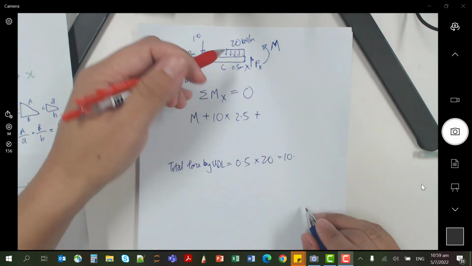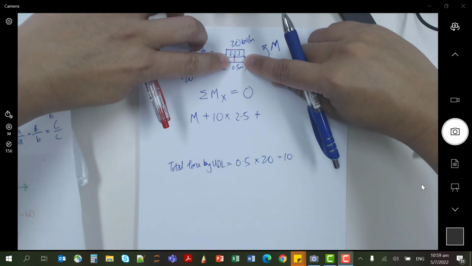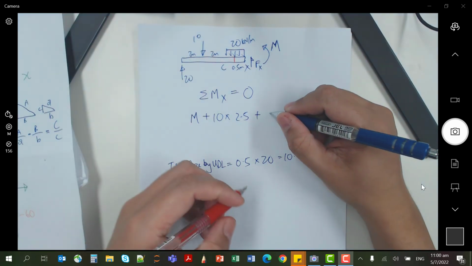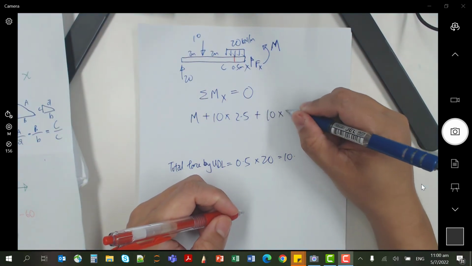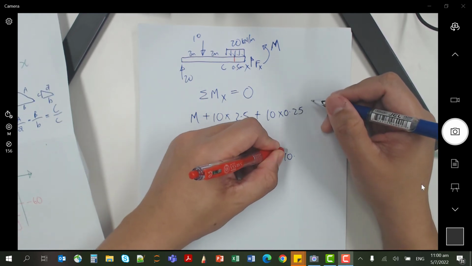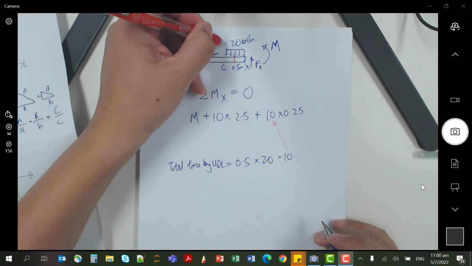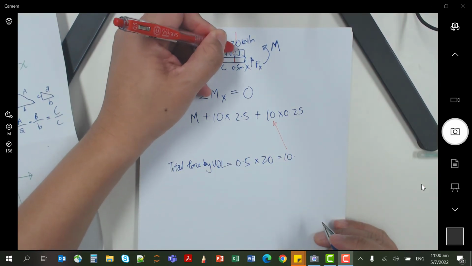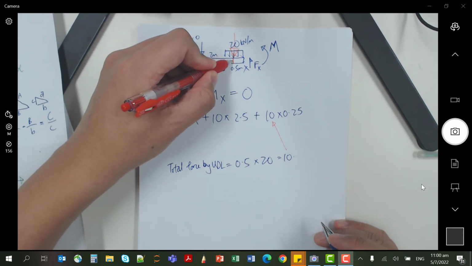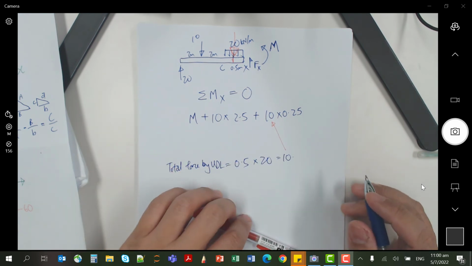Since this is 0.5, the center will be 0.25. So it is 10 times 0.25. So you're actually representing the UDL by a single big force acting at the center of the UDL. I hope you understand this.